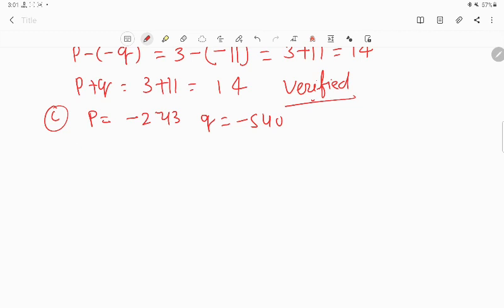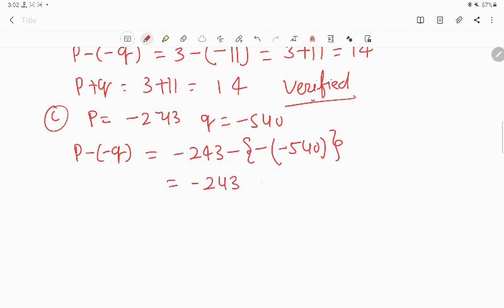So P minus Q is equal to P value minus 243 minus, and in brackets put minus before the Q, and Q value is minus 540. Now that is minus 243 minus, in brackets, minus and minus becomes plus 540.